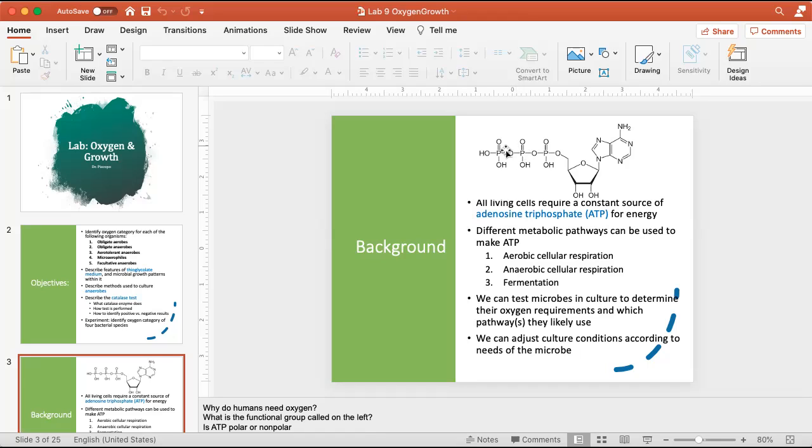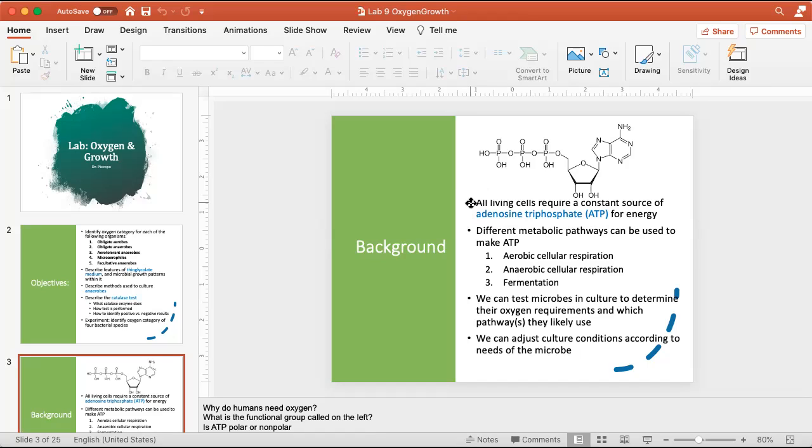So when we build a covalent bond between two atoms, we are storing energy. And when we break that bond, we are releasing energy. So cells use ATP as a little storage molecule for energy. And they break off this outer phosphate group when they need a little bit of energy to do chemical reactions.